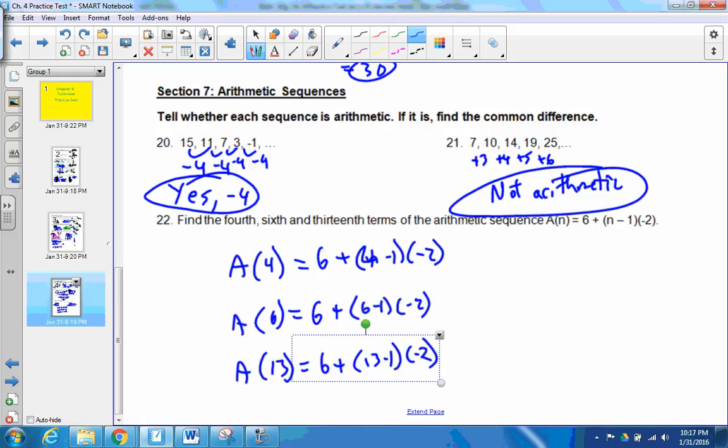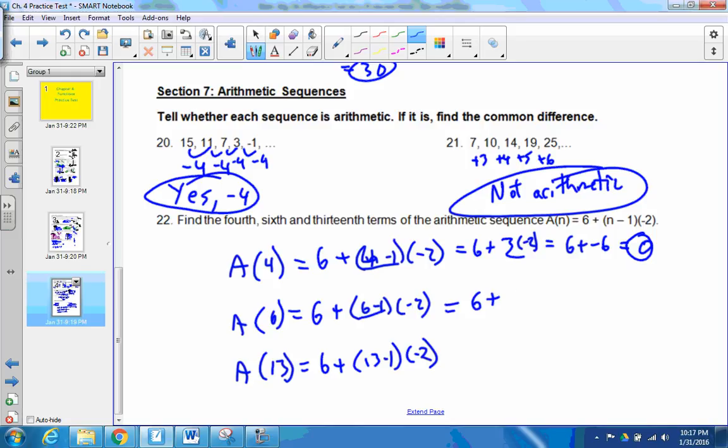If we do this right, we'll do the parentheses first. So it'll be 6 plus 3 times negative 2. Then we'll do the multiplication, so it's 6 plus negative 6, which is 0. For the 6th term, we do the parentheses first. So it's 6 plus 5 times negative 2, and then the multiplication, so 6 plus negative 10 would be negative 4.